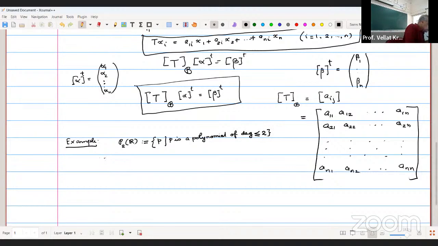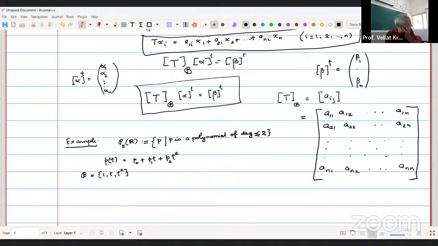So what you have is p(t) equal to p0 plus p1 t plus p2 t square. Now you take B as 1, t, t square.